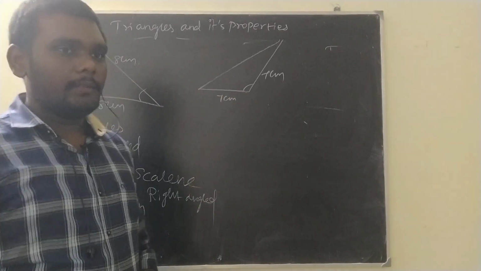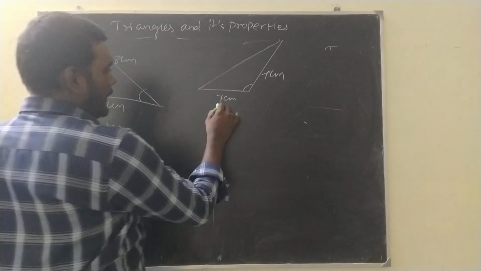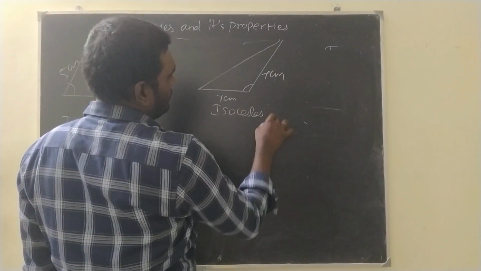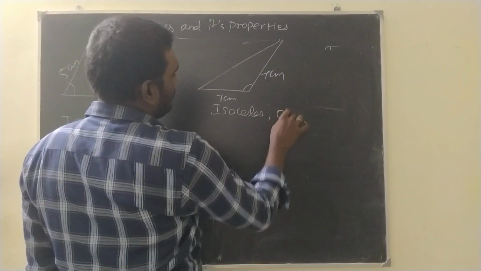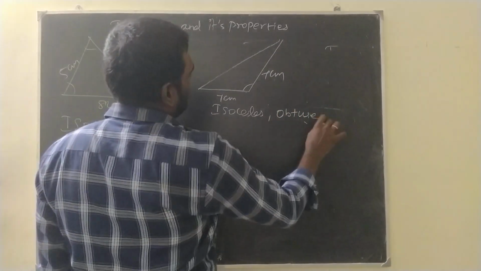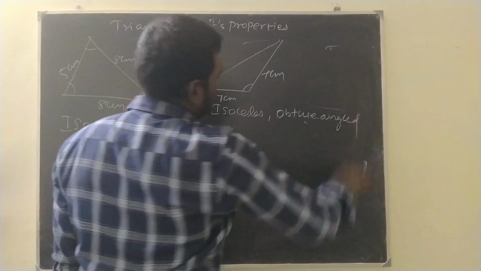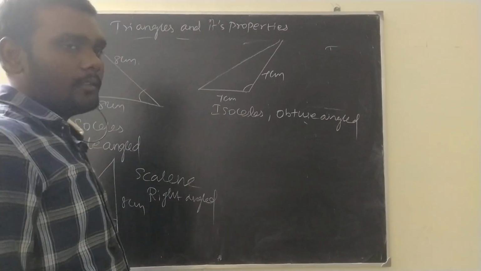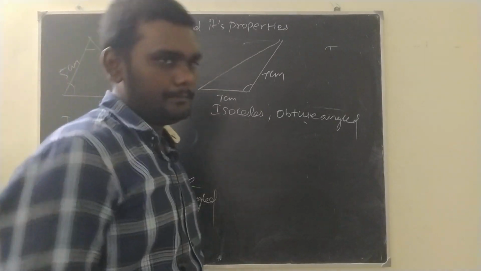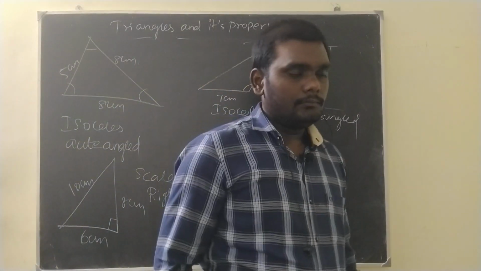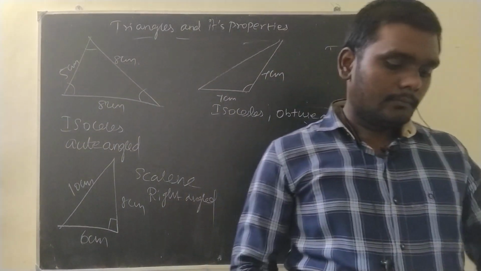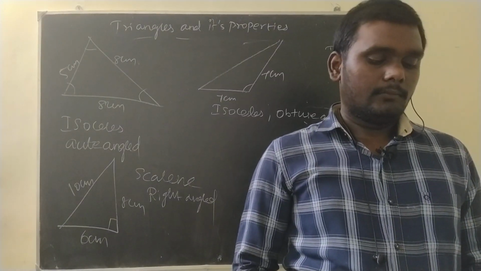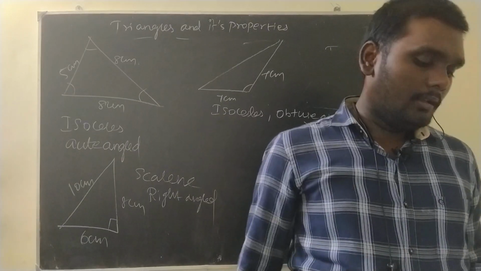Okay, so it is isosceles, obtuse angle triangle. And then the next one, all the sides are 5.2. Then equilateral and acute angle triangle.